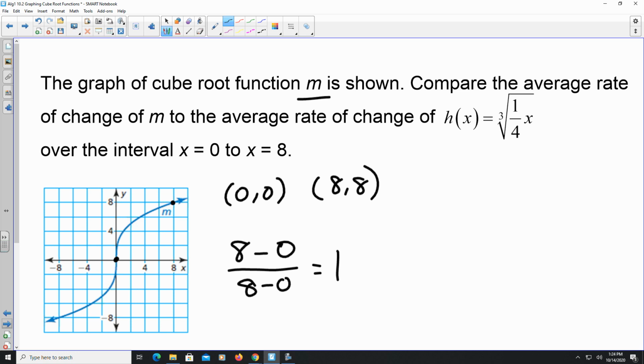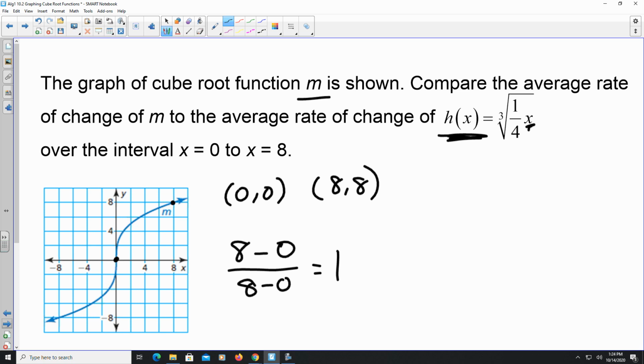The next thing you're going to do is evaluate your function h of x with those values of x. You're just going to substitute in 0 and 8 and see what you come up with.